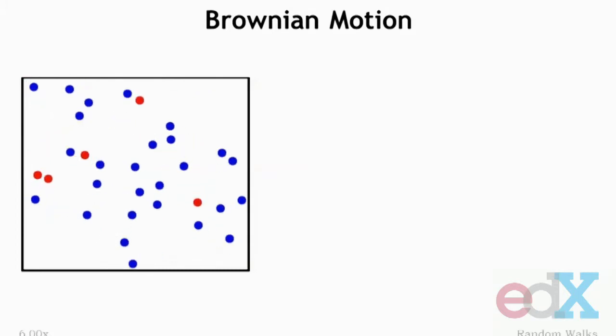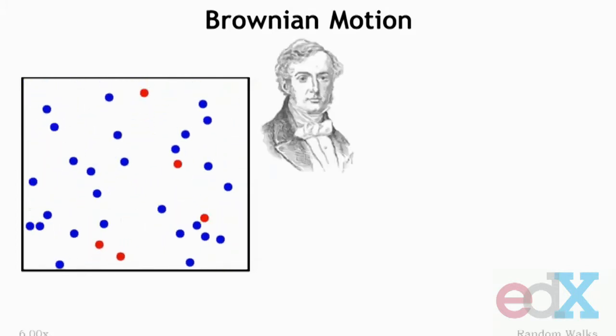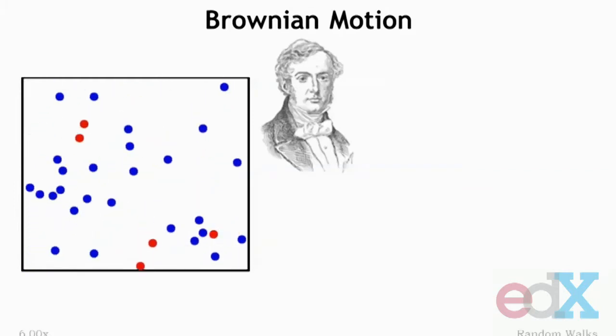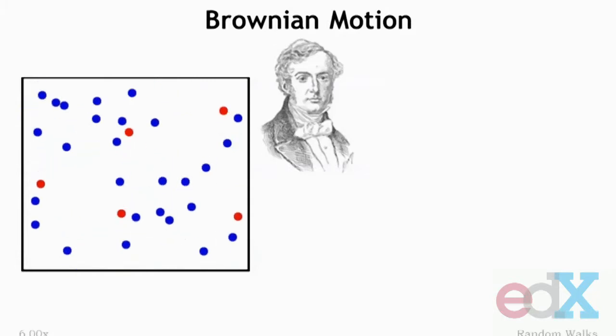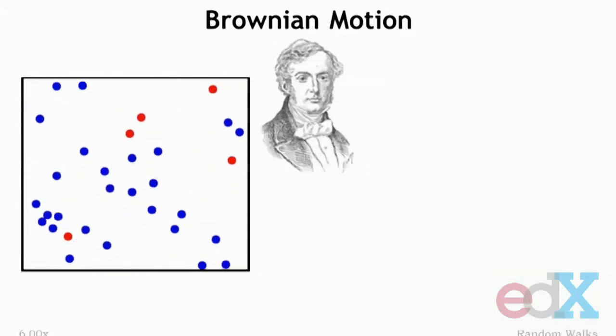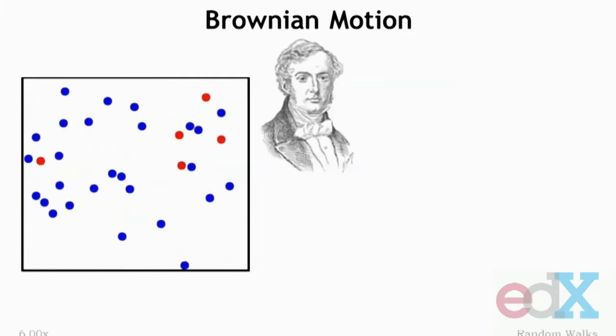on your screen. In 1827, the Scottish botanist Robert Brown observed that pollen particles suspended in water seemed to float around at random. He had no plausible explanation for this so-called Brownian motion and made no attempts to model it mathematically.